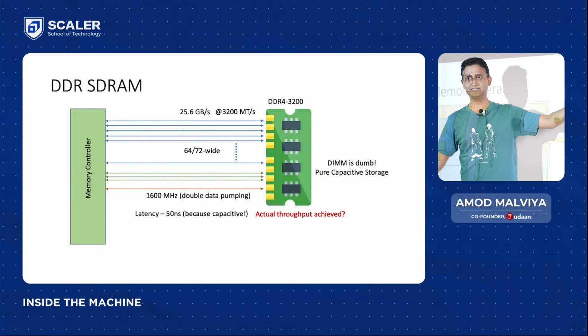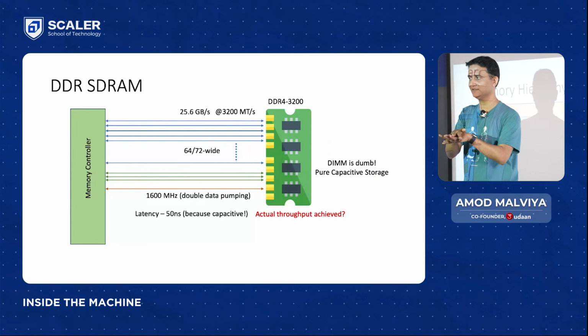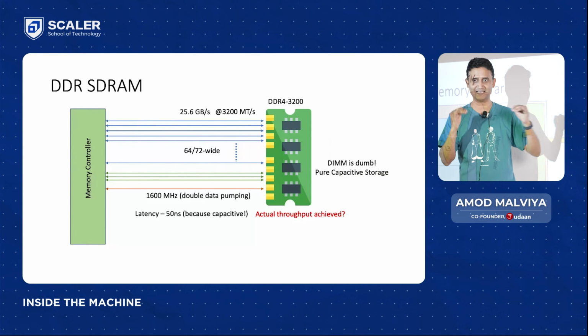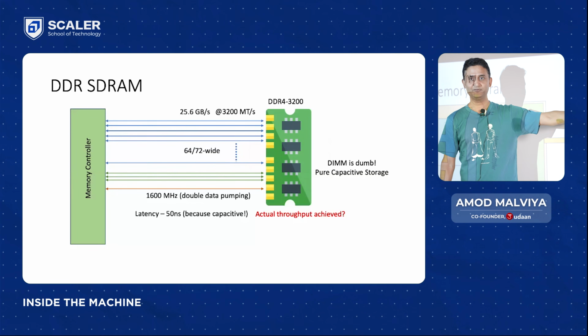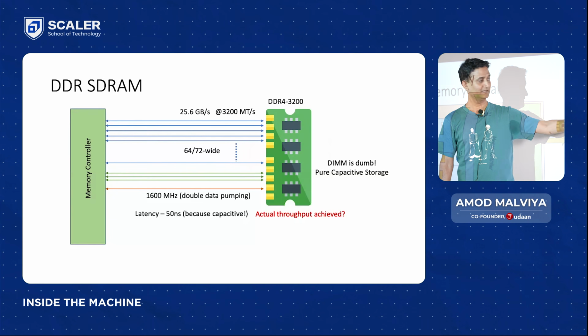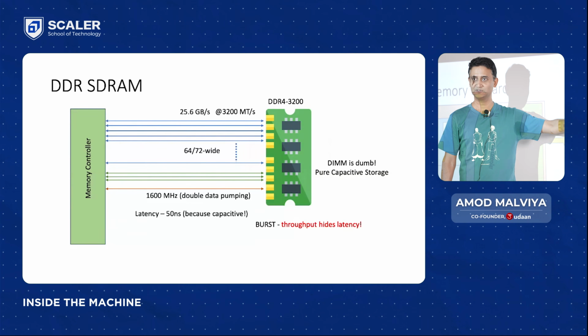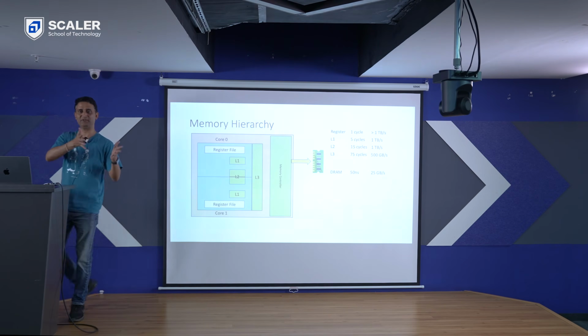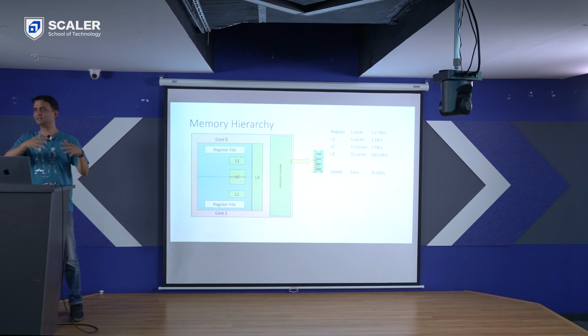Register 1 cycle, because ultimately everything needs to be clocked to the CPU clock. It's 1 cycle, like hardwired. 5 times this, 3 times this, 5 times this. So remember it as 535: 5x, 3x, 5x of the previous one. Just sharing one way to remember.